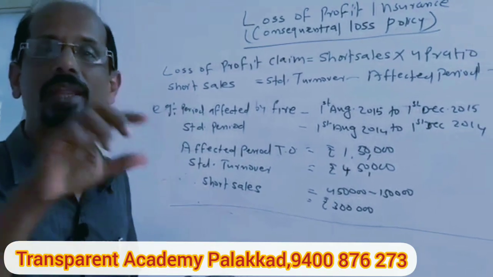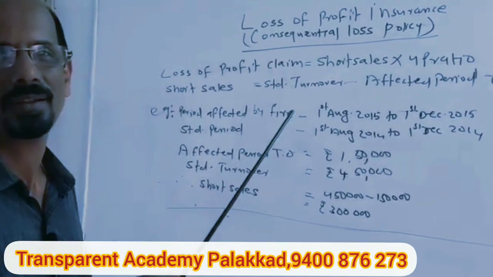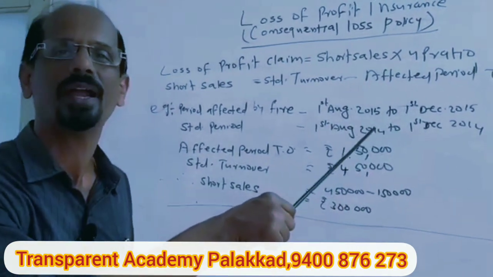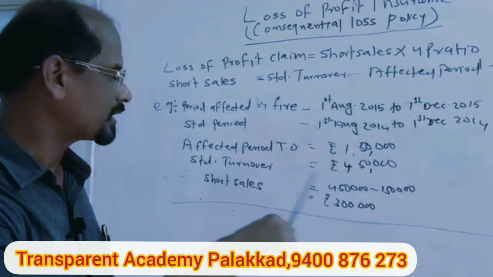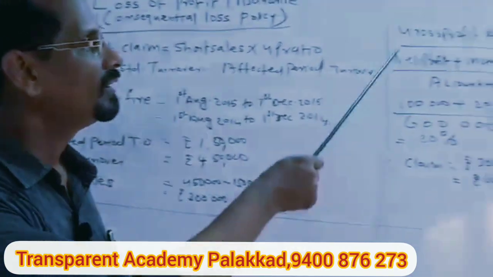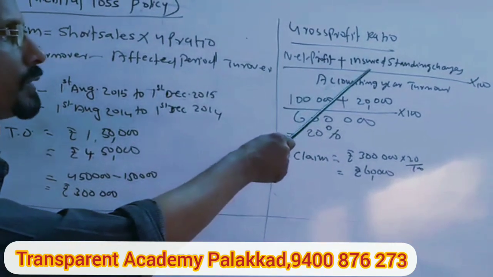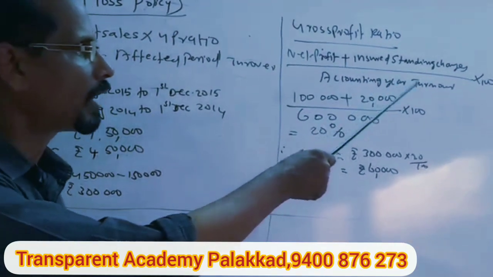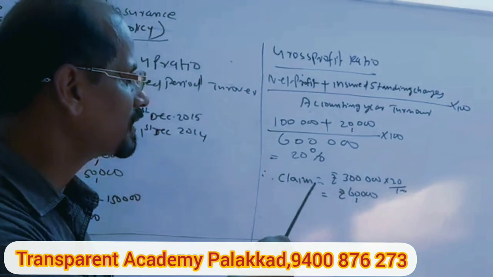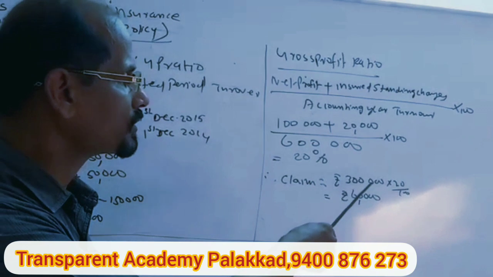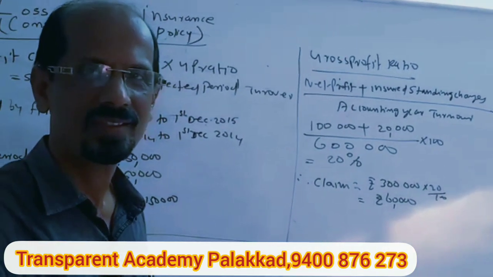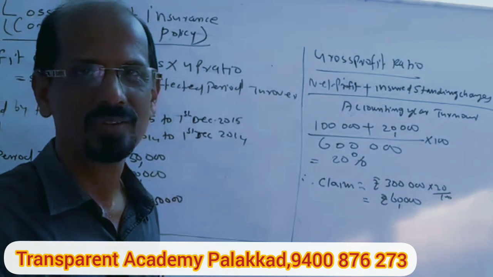The affected period is the period actually affected by fire. Then the GP ratio is net profit plus all insured standing charges divided by accounting year turnover into 100. Short sales multiplied by GP ratio gives the claim. This is the normal problem.